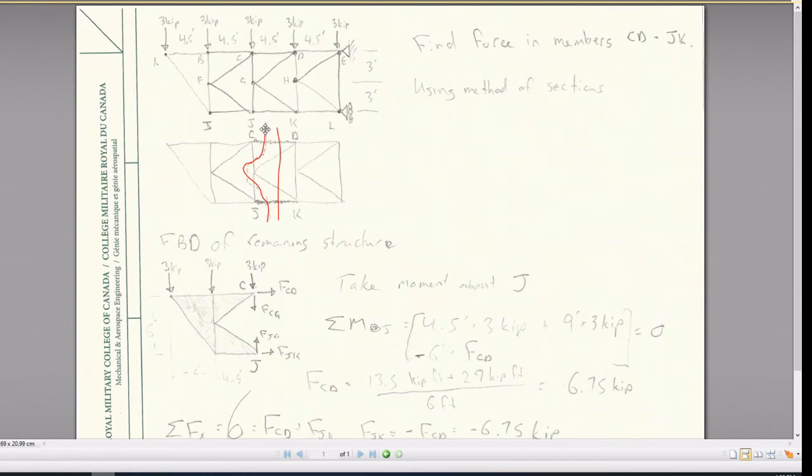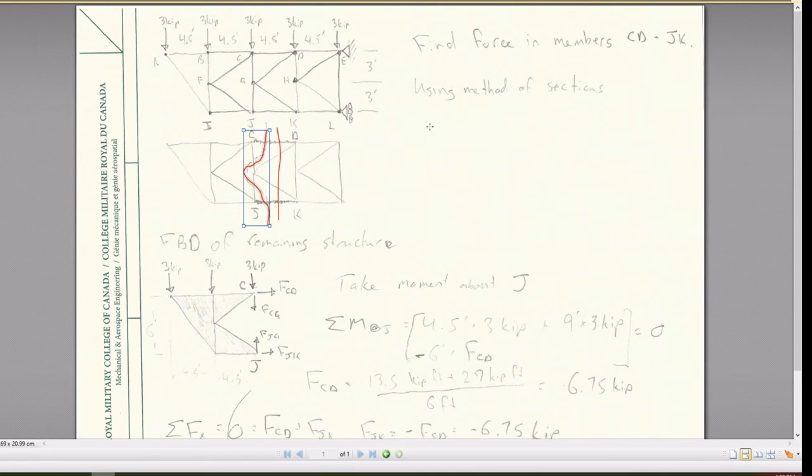Whereas if we cut along this section here, then the forces that are left behind as a result, CG and GJ, are vertical only, so it simplifies our analysis a little bit.